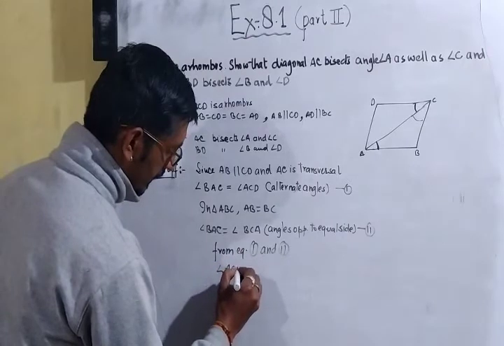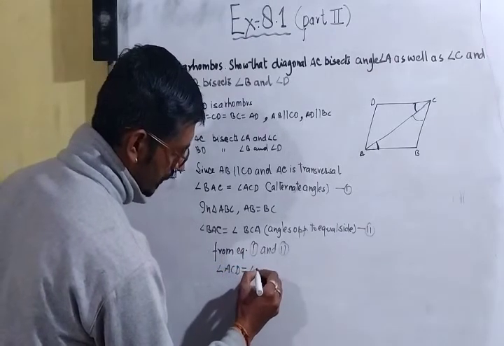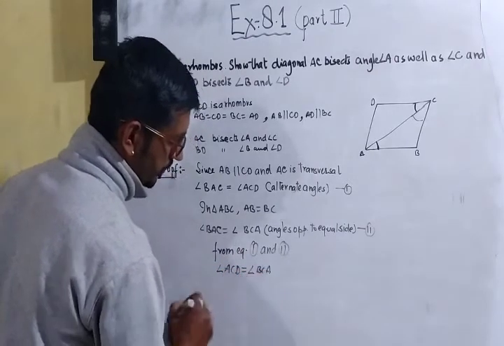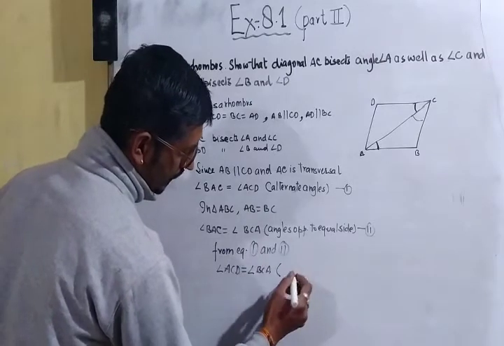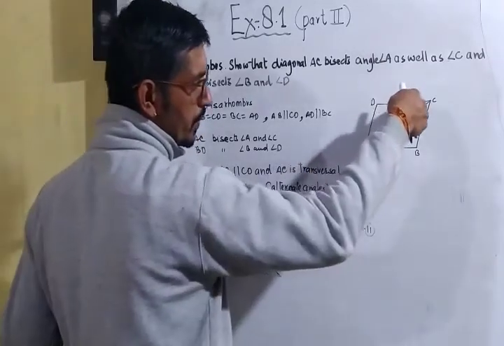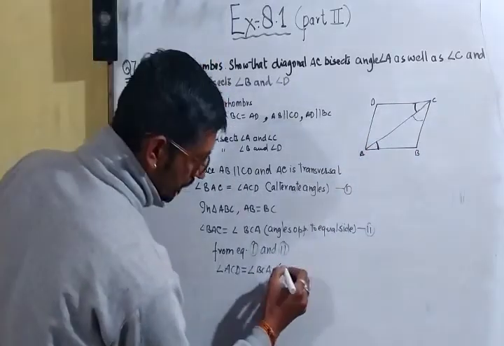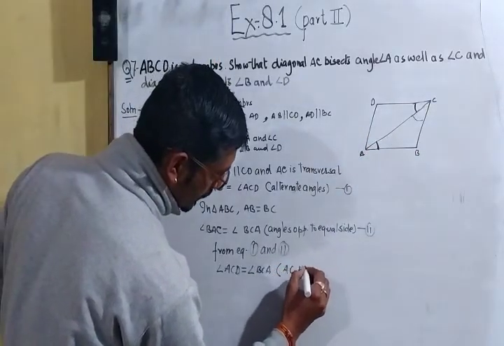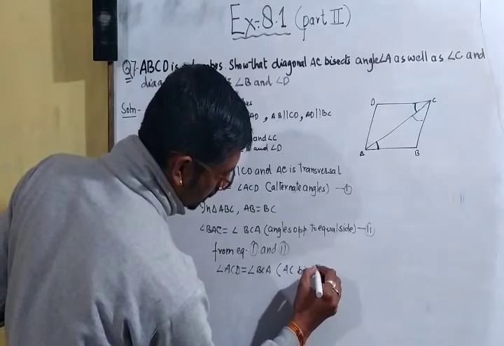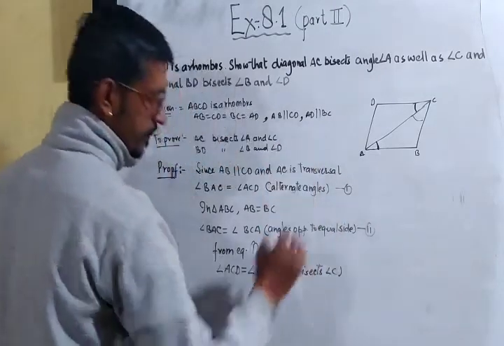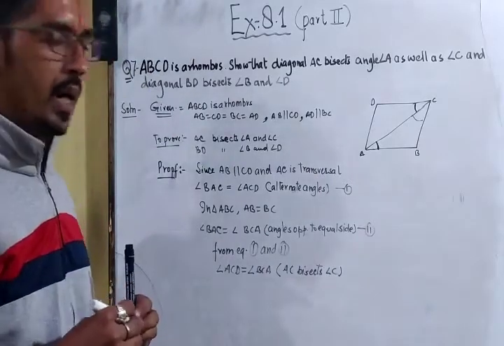Angle ACD is equal to angle BCA. Now we have proved these two angles equal. Then we can say AC bisects angle C. So here you will write AC bisects angle C. Okay, first part done.